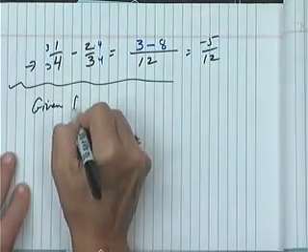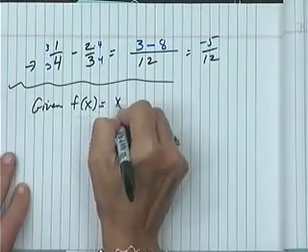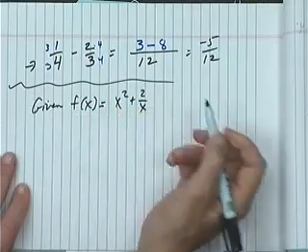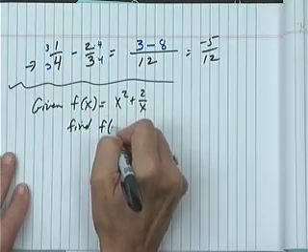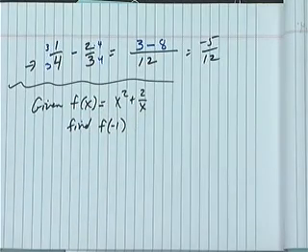Given f of x equals x squared plus 2 over x, find f of negative 1. F of x is x squared plus 2 over x. Find f of negative 1.